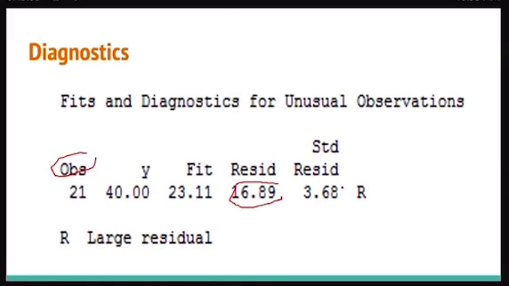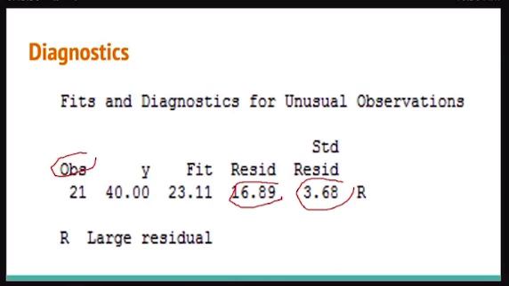And not only that, the standardized residual is also going to be large. So, I told you the other time, one of the primitive approaches for identifying an outlier is when a particular observation has a large residual or large standardized residual.